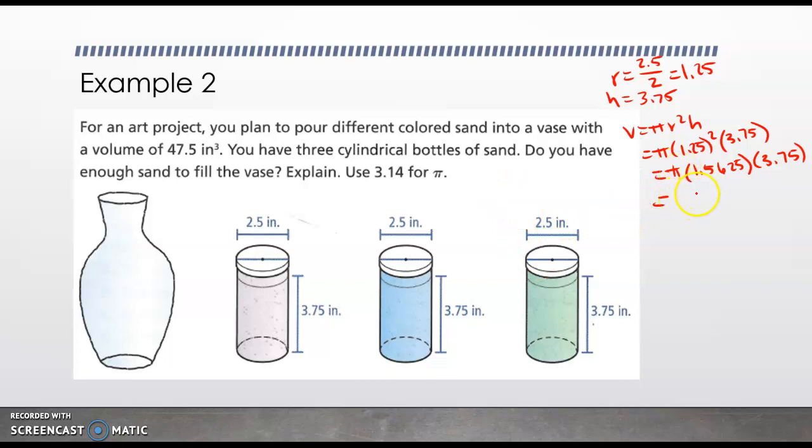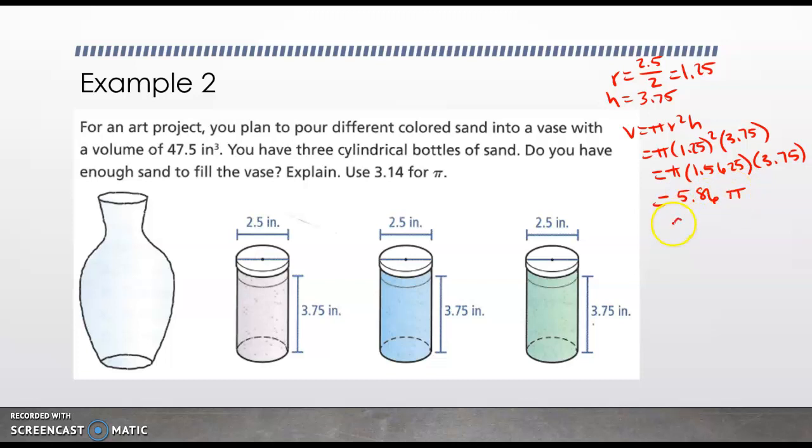It actually saves you time. Don't keep clearing and retyping in numbers. Just hit whatever operation you're needing to do next with that number. Alright, so then we're going to do 1.5625 times 3.75, which is 5.86 pi.